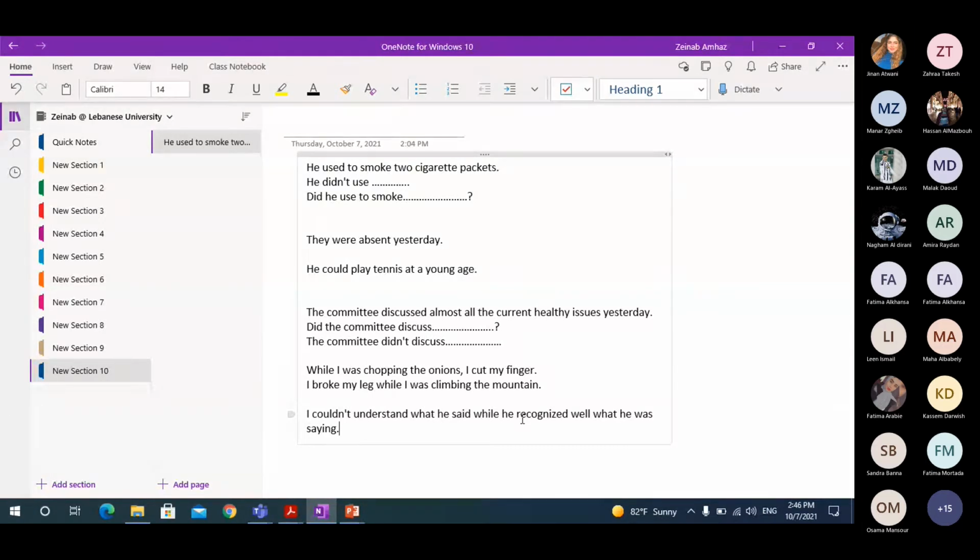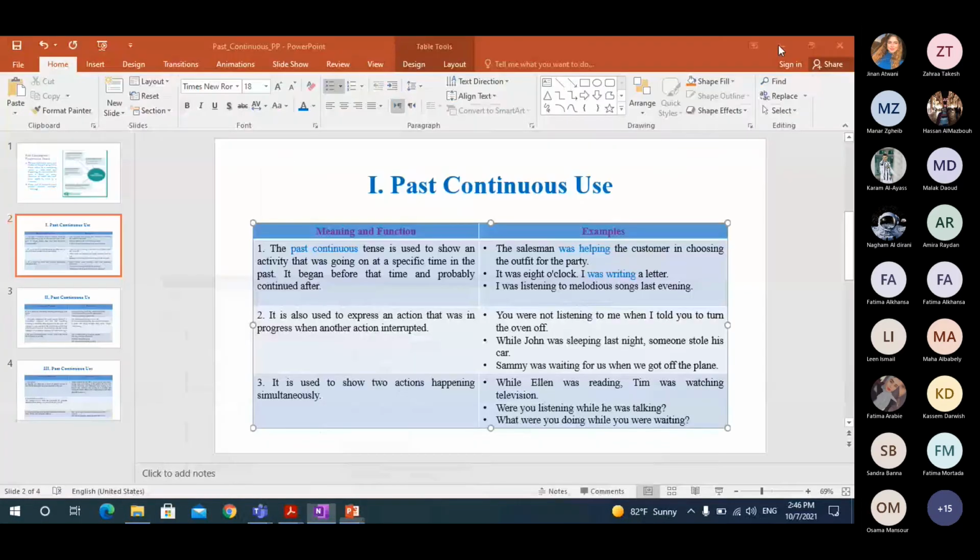Yes. Okay. It is used to show two actions happening simultaneously, as we use with the present continuous. While my mother was, let's say, fixing the dinner and I was teaching my students. Can't I say this? Yes, I can say it.